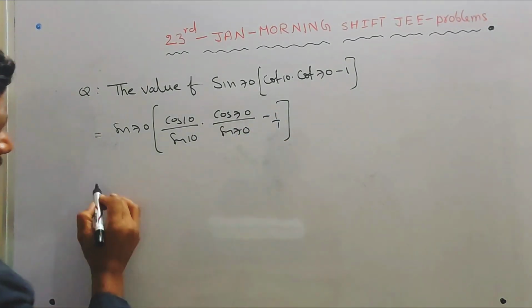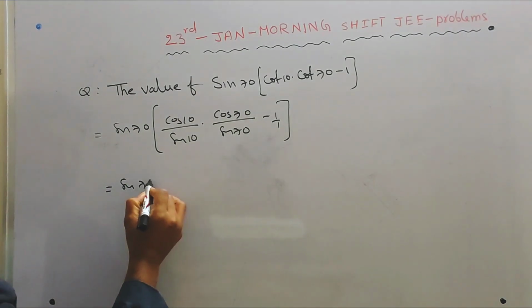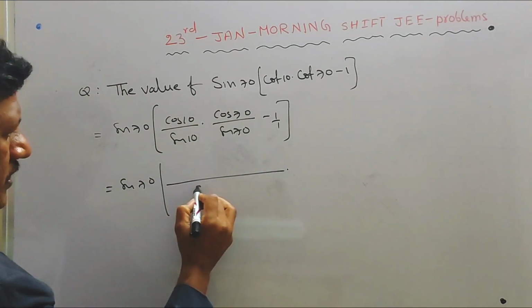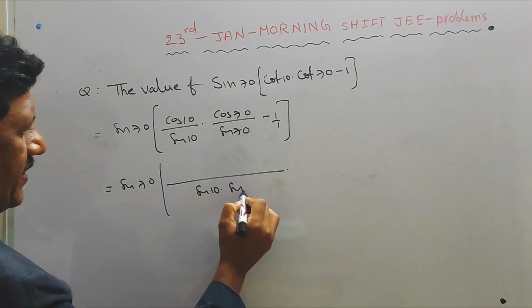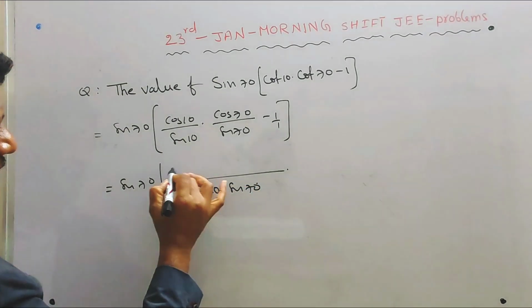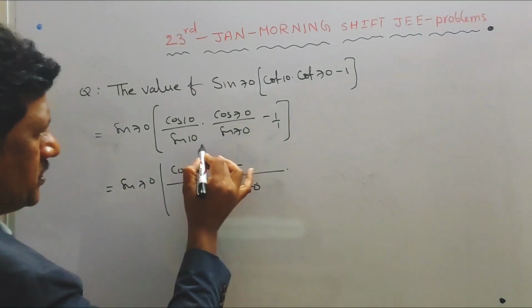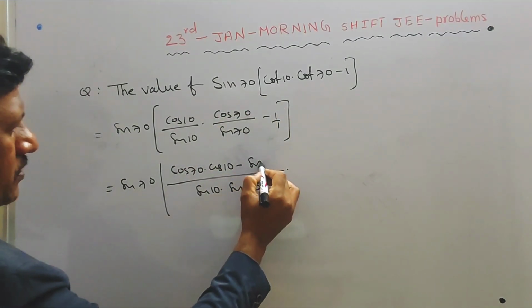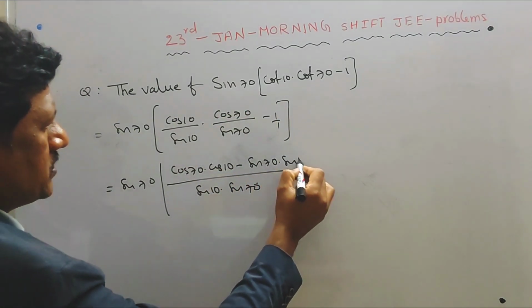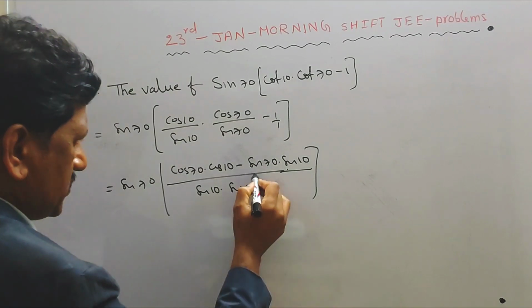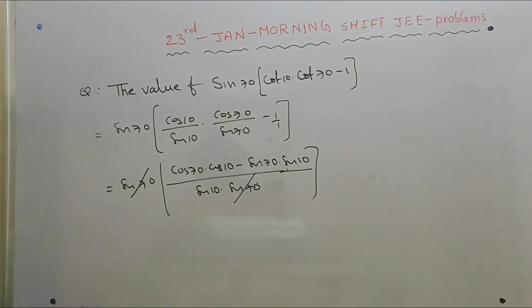So take the LCM here. If you take the LCM, you will get like this. Here sine 10 into sine 70. So this is actually cos 70 into cos 10, minus the LCM here, sine 70 into sine 10, right? So then sine 70 gets cancelled.